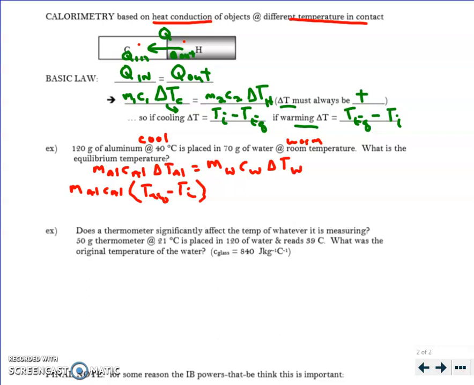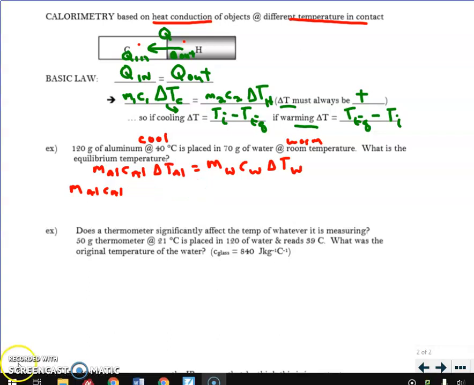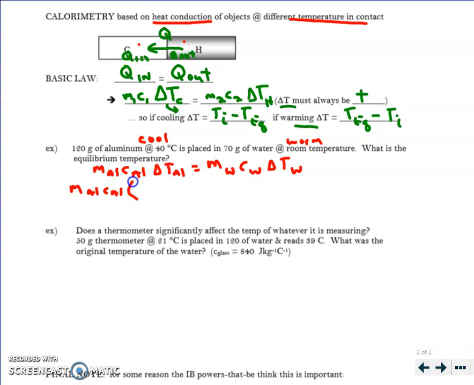I'm sorry, I've got that backwards. Yeah. So the aluminum is going to cool down, so I want the initial minus the equilibrium. And then I'm going to have the mass of the water, C of the water, and then the equilibrium minus the initial temperature, because the water side is going to warm up.